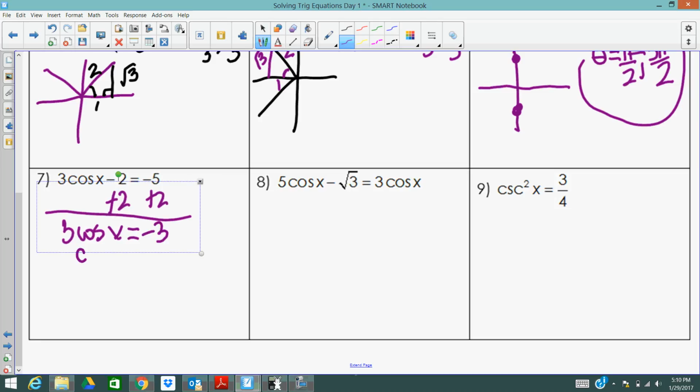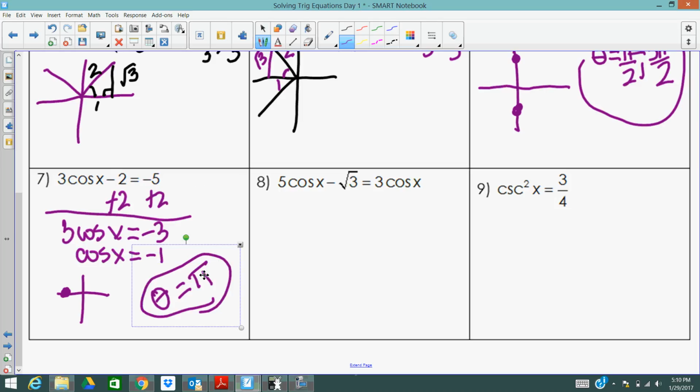Divide by 3, we get cosine of x equals negative 1, which again, that's on an axis. X is negative 1, right there at pi. And that's the only location because, again, we're going between 0 and 2 pi, so we're not making multiple rotations around our circle.